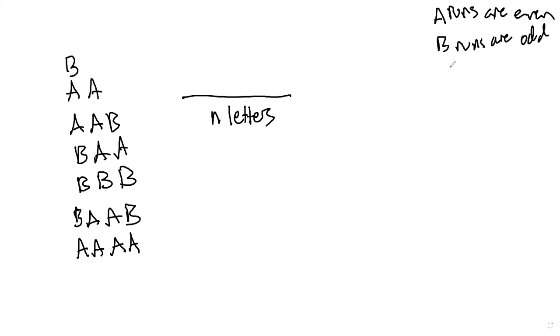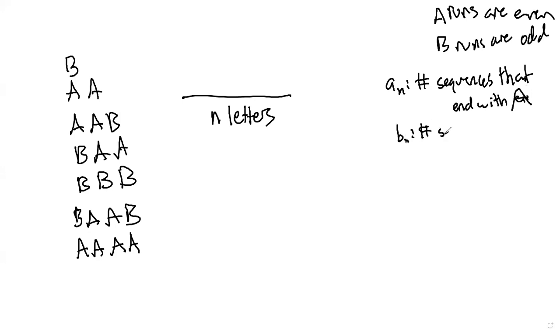We define a sub n as the number of sequences that end with A, and b sub n as the number of sequences that end with B. This is how we're going to set up our recursion.